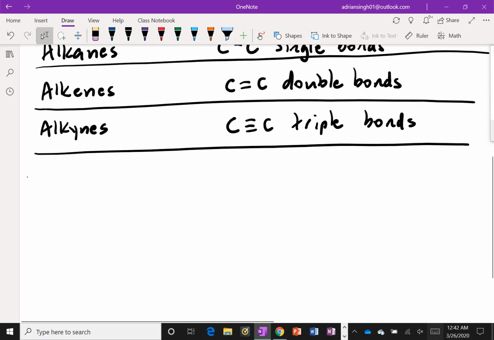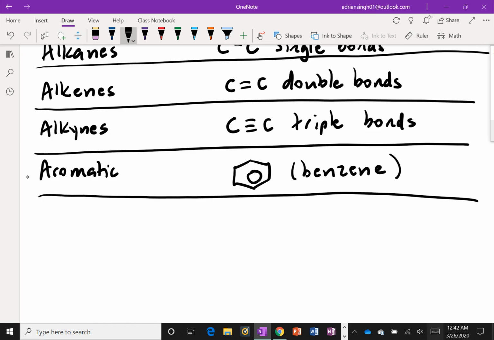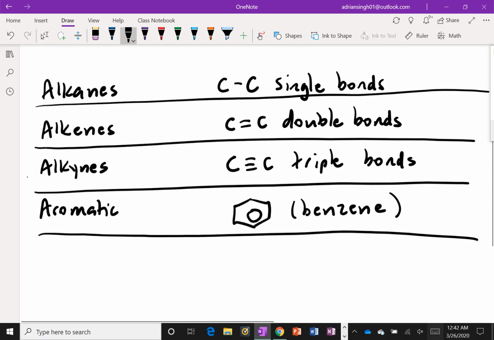And then we also saw our aromatics, which had benzene as part of the structure. All right, so all of these really didn't have any special collection of atoms. They were just the different types of bonding that we observed.